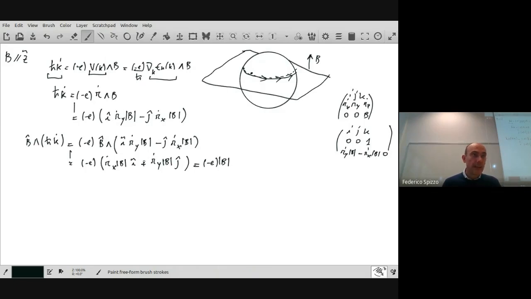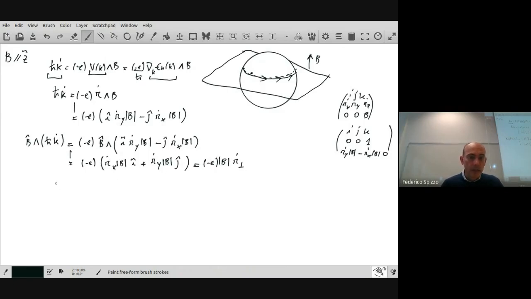Due to the fact that the xy plane is the plane orthogonal to z, and z is the direction of the magnetic field, this combination is called the derivative of r perpendicular, where perpendicular means perpendicular to the magnetic field. Sorry, in the plane perpendicular to the magnetic field.